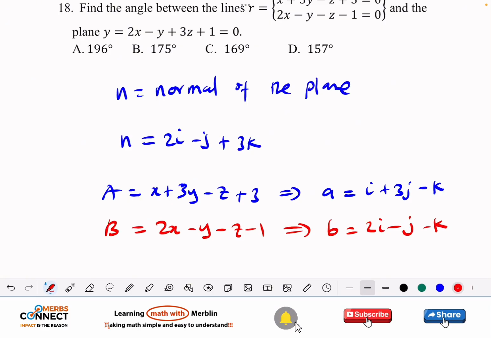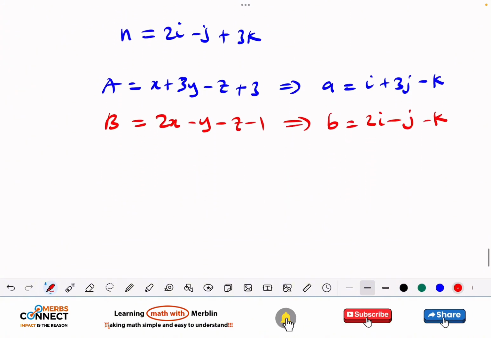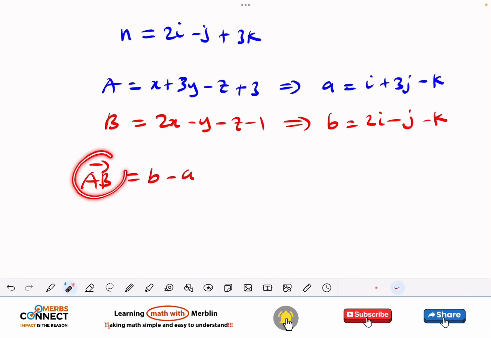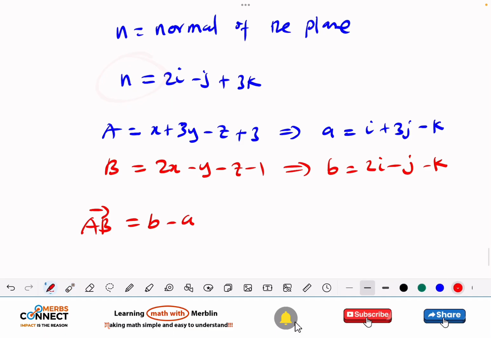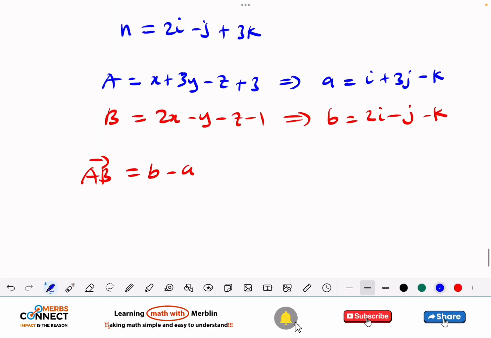So for me to get another vector, I'm going to find vector AB, which is small b minus small a, so that now I can use this and this to find the angle. So let's do that. I'm going to have 2i minus j minus k minus i plus 3j minus k.